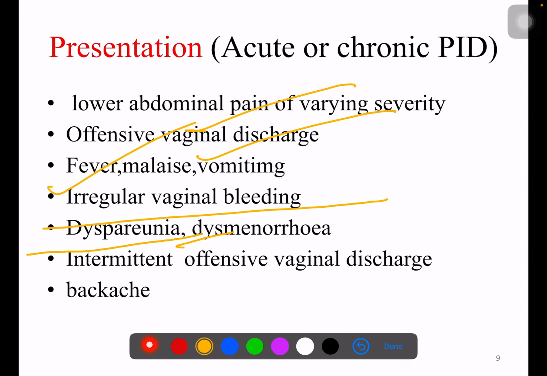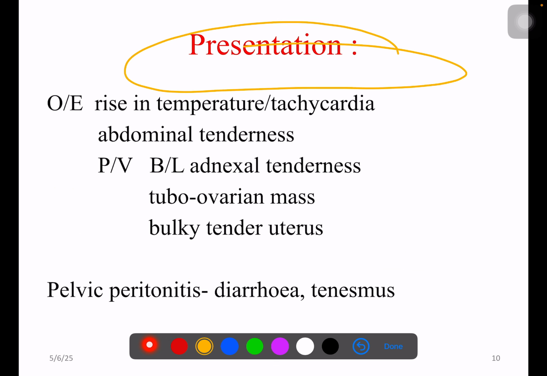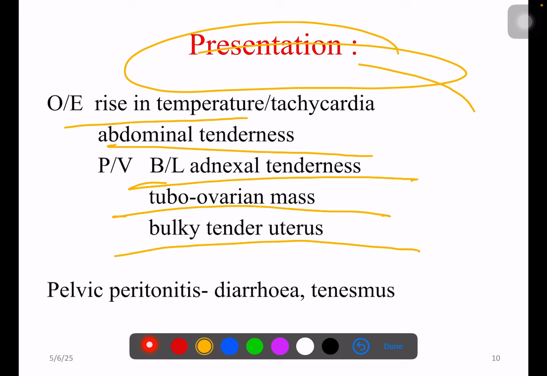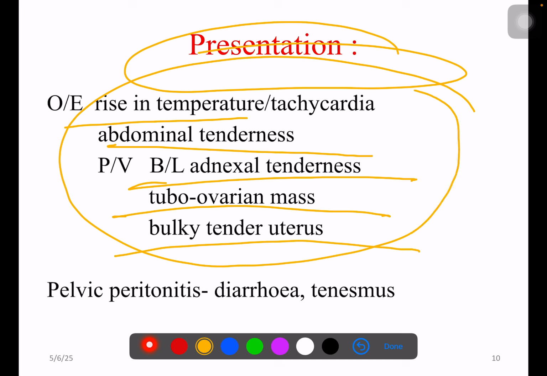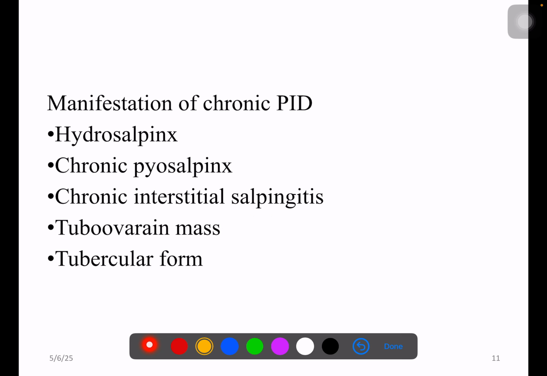Irregular vaginal bleeding can be there, dyspareunia, dysmenorrhea, and intermittent offensive vaginal discharge can be there. On presentation: rise in temperature, abdominal tenderness, bilateral adnexal tenderness, tubo-ovarian mass, bulky tender uterus. All the things that I've already talked about in the three important criteria: minor, additional, and major, and manifestations of chronic PID.